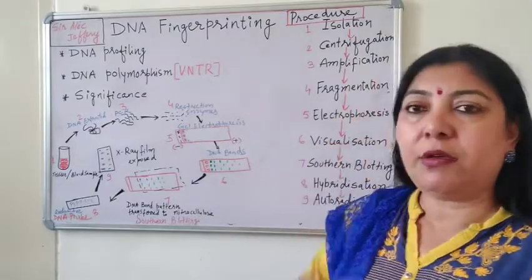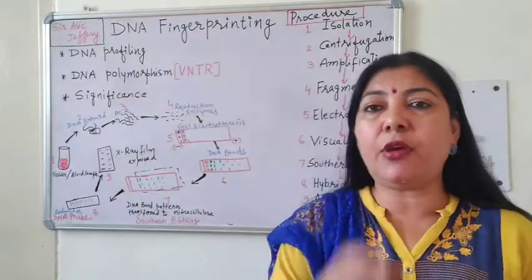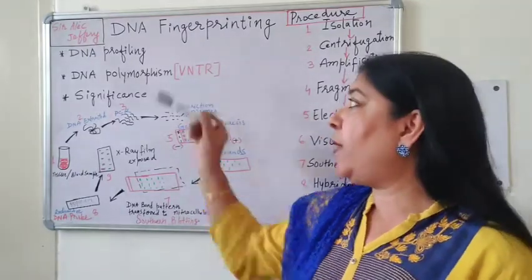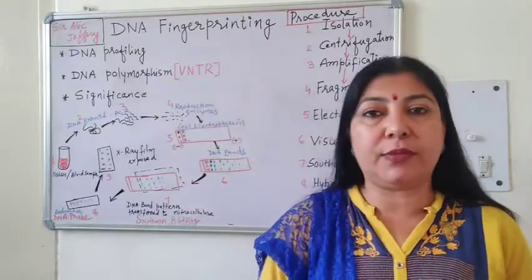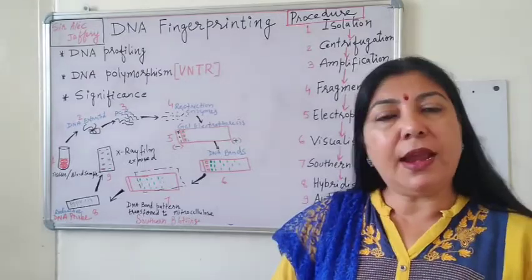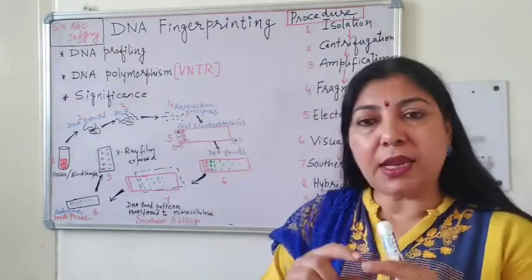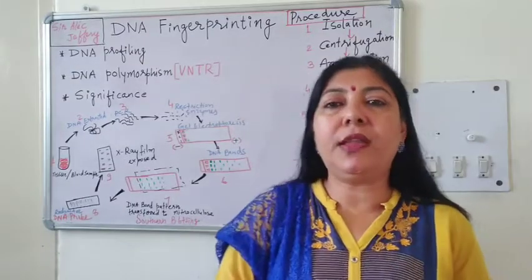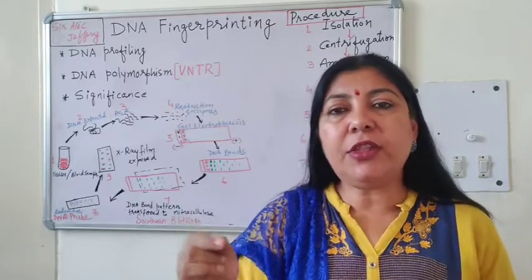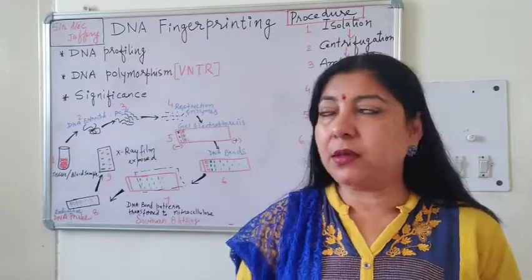Before coming to that, we must know about this concept, that is DNA polymorphism. The complete DNA fingerprinting is based on DNA polymorphism. When I explained the Human Genome Project, I told you about SNPs. SNPs are certain stretches of DNA which have changes with respect to only one or a few nucleotides.